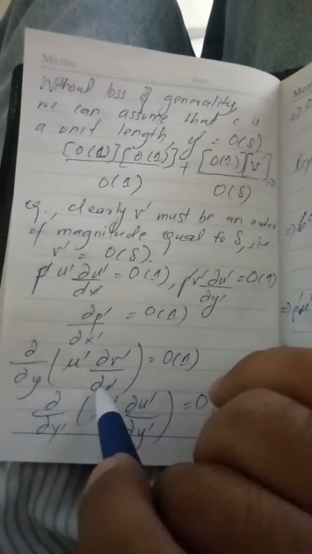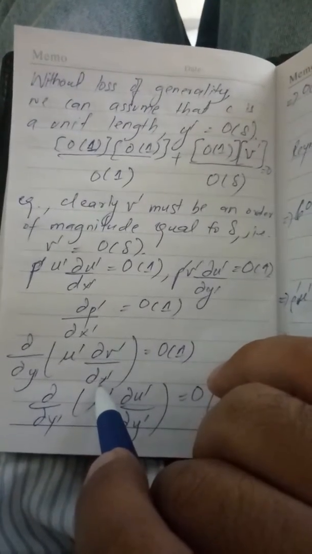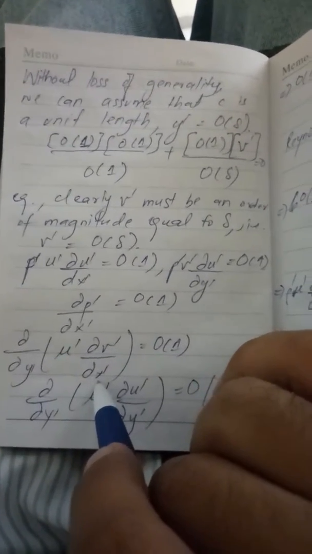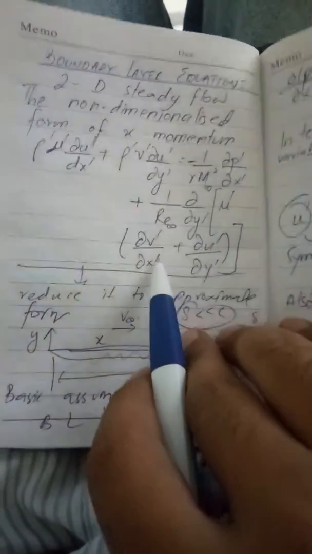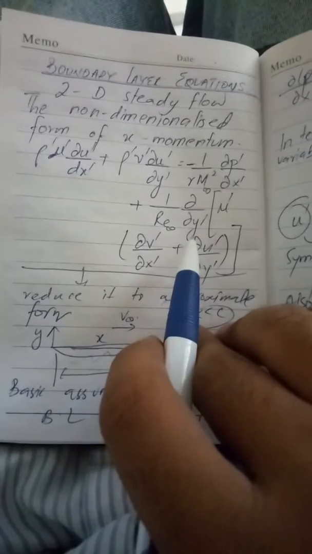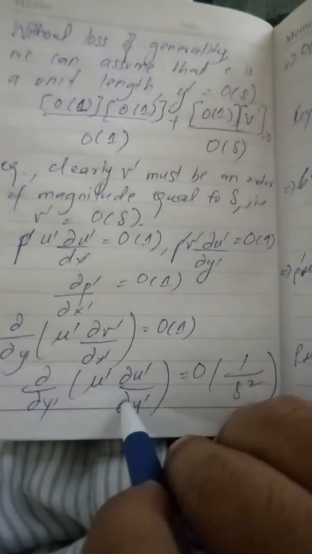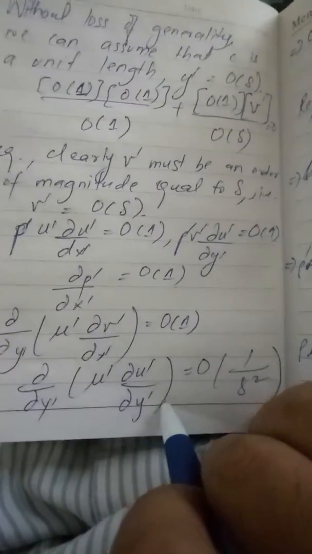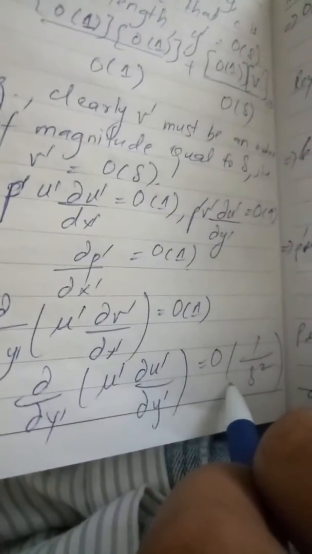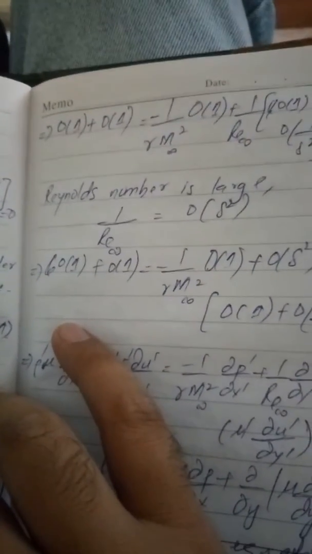This is actually d over dy over here. So this whole lot has been covered, and this is how you do it, with 0 to 1 over lambda square. And putting in the value, the basic equation was this first one.